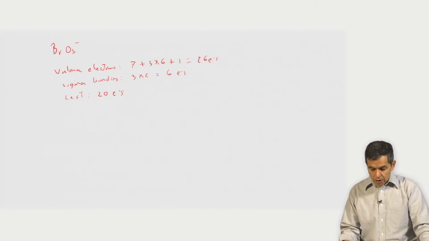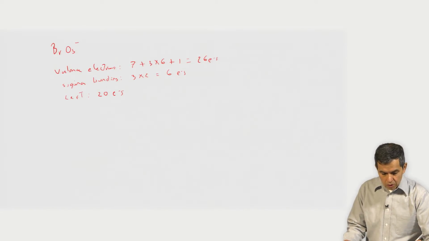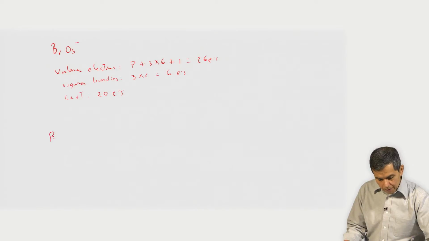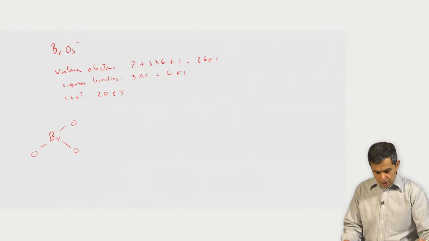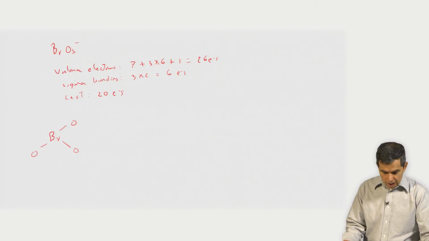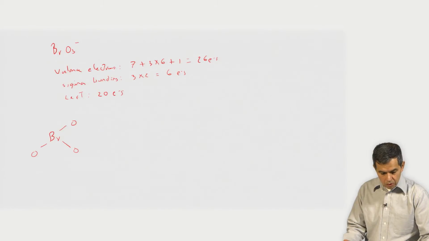So if we draw the Lewis structure for this compound, then we're going to have bromine in the middle, and then we're going to have oxygen, oxygen, oxygen, and we are going to have to add 20 electrons to this particular molecular structure.